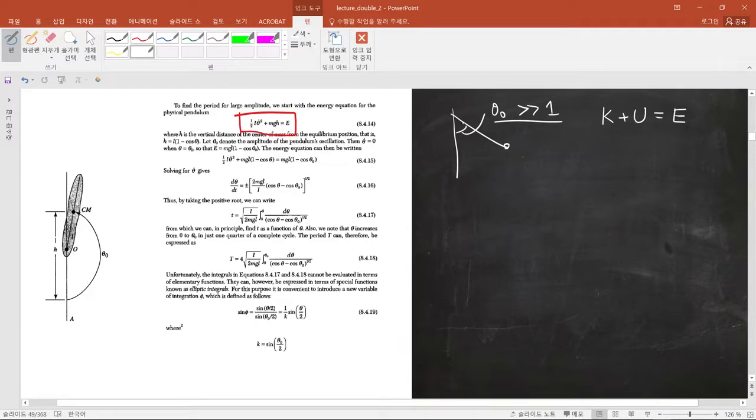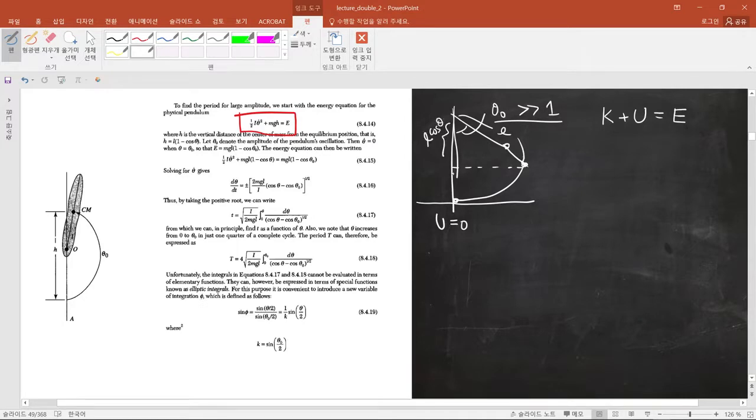So if this is theta 0, let's call this length L, and we take this point to be potential 0, then the initial total energy, suppose it starts at an arbitrary theta 0, is obviously given by L cosine theta.